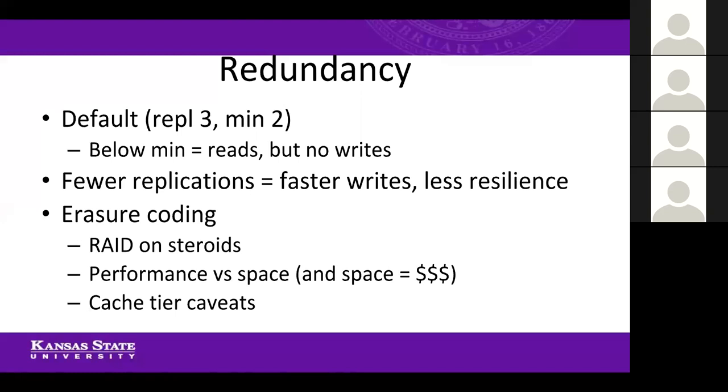For instance, on what we have right now, we have the homes volume, which is where most people save most of their stuff. We have a quota of 1 terabyte per user on that to keep them from filling all that space up. Our home volume has the default replication of 3 with a minimum of 2.